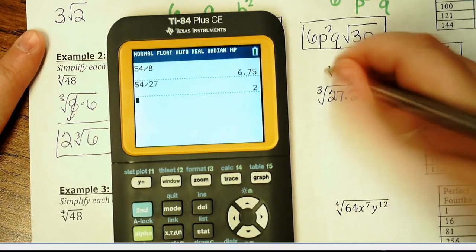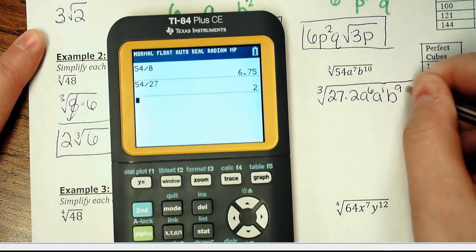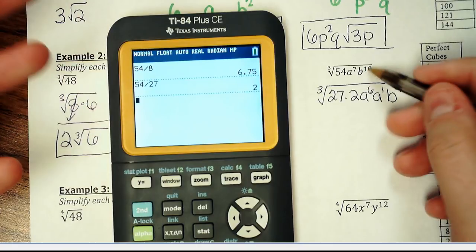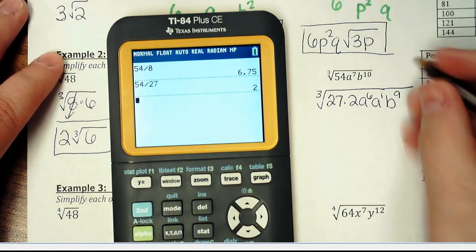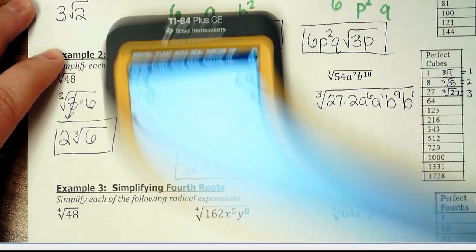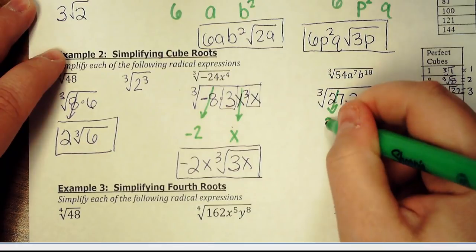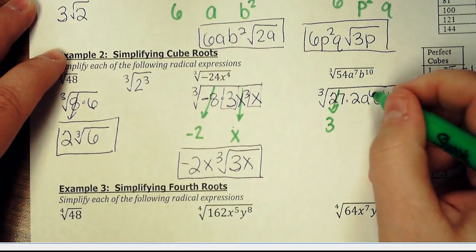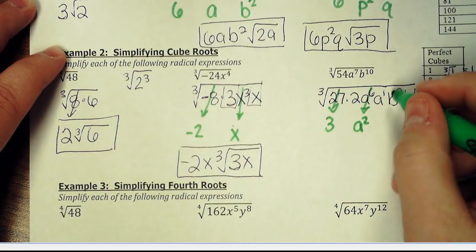10 is not divisible by 3, so I'm going to do b to the 9th. The biggest number that you could think of in that exponent that 3 would divide into is what you're trying to do. And then b to the 1st. Okay, so cube root of 27 is 3, so I can pull that out in front. A to the 6th exponent divided by the root becomes a squared.